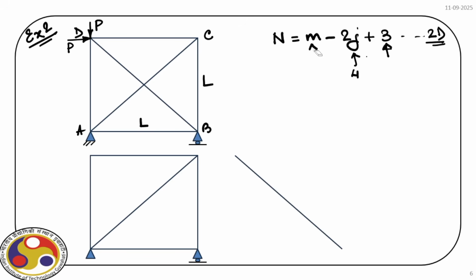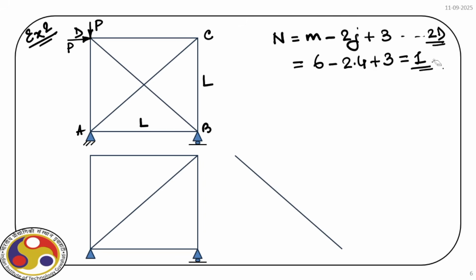So if you put that in this expression, what we get is capital N is equal to 6, that is the number of members, minus 2 times 4, that is the number of joints, plus 3, which is equal to 1. So we have internal indeterminacy of 1, right?